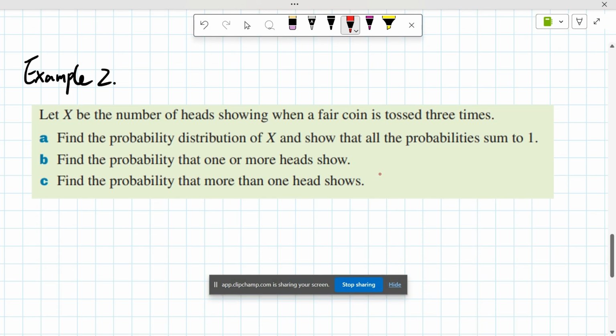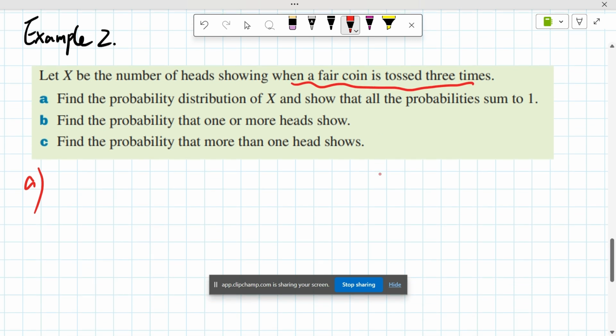Next question: find the distribution of x, showing that all the probabilities sum to 1. That question is going to take a little bit longer because we're gonna do the tree diagram first. We flip a coin 3 times.